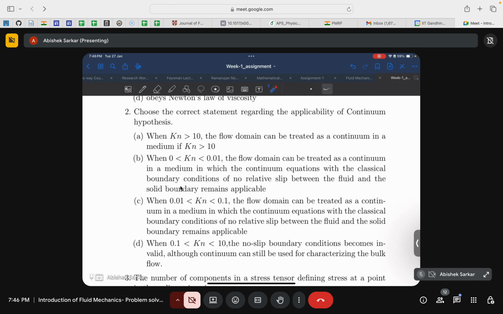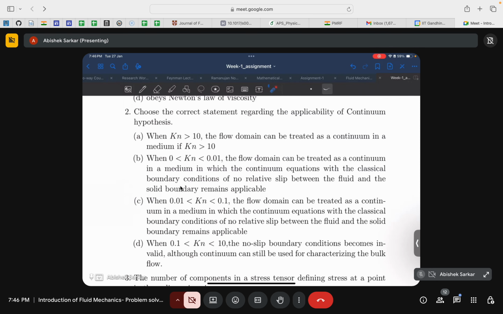In this case, the most appropriate one would be a scenario where the continuum hypothesis cannot be questioned in any way. So the best scenario for us would be one where there is no gap between the particles, like the particles are almost connected to each other. If that's the scenario, then the continuum hypothesis cannot be questioned in any way.